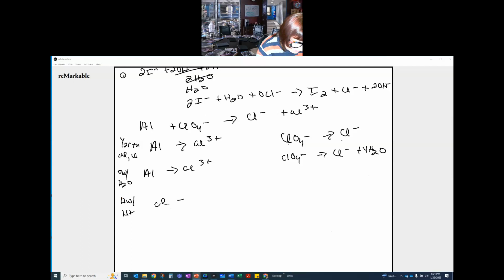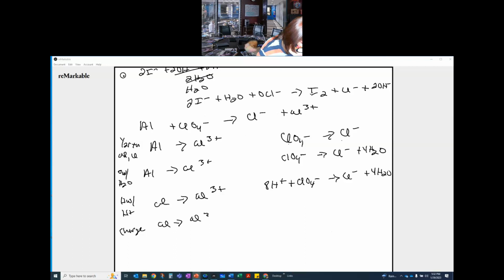I then need to balance the protons, so now I have to do H with H plus. This one doesn't change. I'm going to need to add 8H plus: ClO4 minus plus 8H plus goes to Cl minus plus 4H2O. Now I need to do charge. So I have an Al go to Al3 plus, and I have 3 electrons.